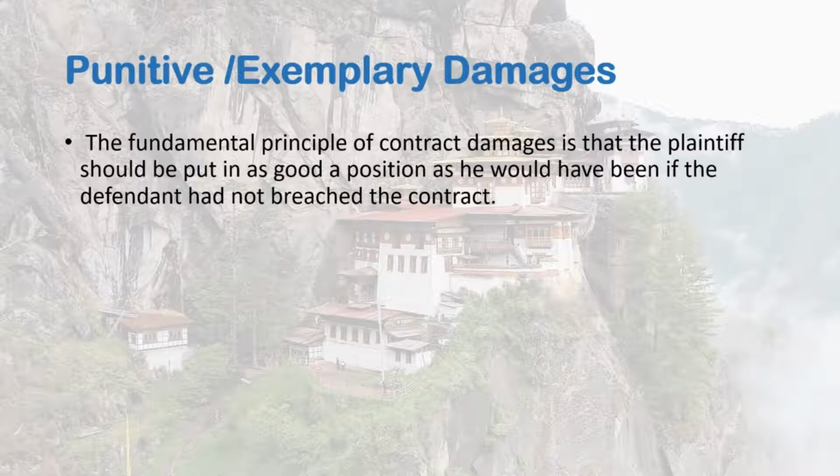In addition, treble damages are also punitive in nature, and these damages are awarded by statute and are three times the amount of actual damages. So there used to be a term known as treble damages under the common law system, where they used to charge three times the amount of the actual damages. Another term that has been used for punitive damages is vindictive damages.